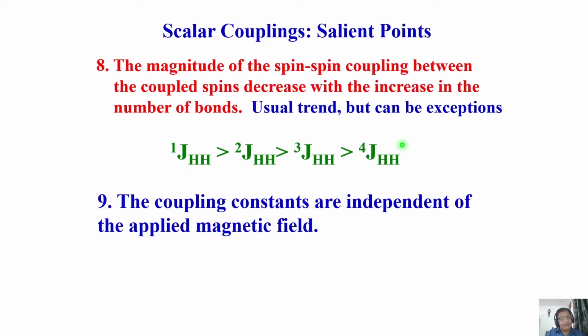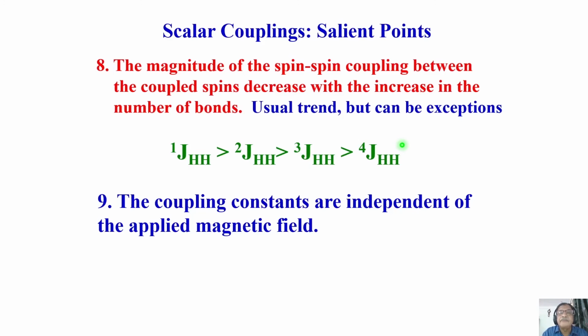Now, point number 9. The coupling constants are independent of the applied magnetic field. Very interesting point. I measure the coupling constant between two protons, let us say, or between proton and carbon at 400 megahertz. Say at 400 megahertz, coupling between two protons is 20 hertz. I go and measure the coupling at 800 megahertz. Again 20 hertz, it won't change.